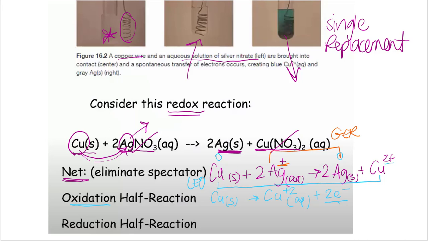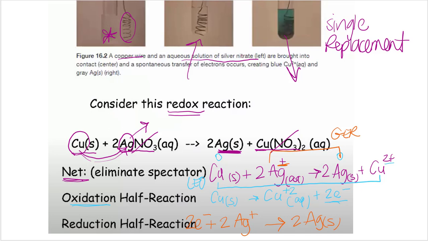So our reduction half reaction is going from 2Ag+, and on the right, 2Ag solid, our elemental form. Again, I'm going from +1 to 0. To get my left side to be 0, I need to add 2 electrons. 2 negatives and 2 positives equals 0, same as my right side.